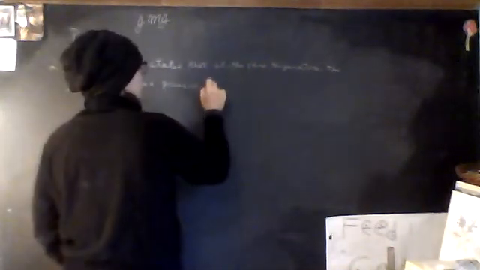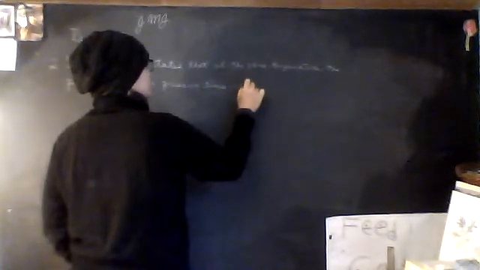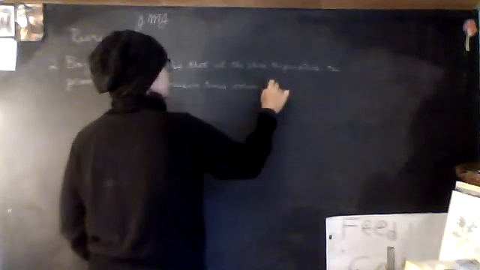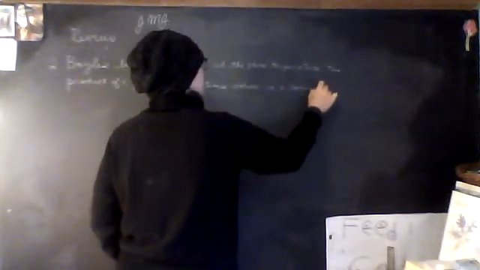Of a gas is what? Volume times pressure. I started writing pressure already, so I'm writing pressure times volume is a constant. Yes. Okay, so that's how I would write it in my own words.